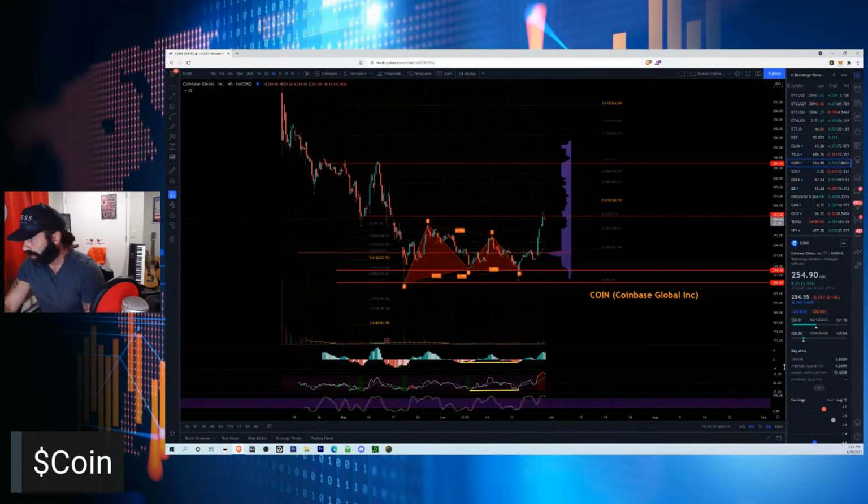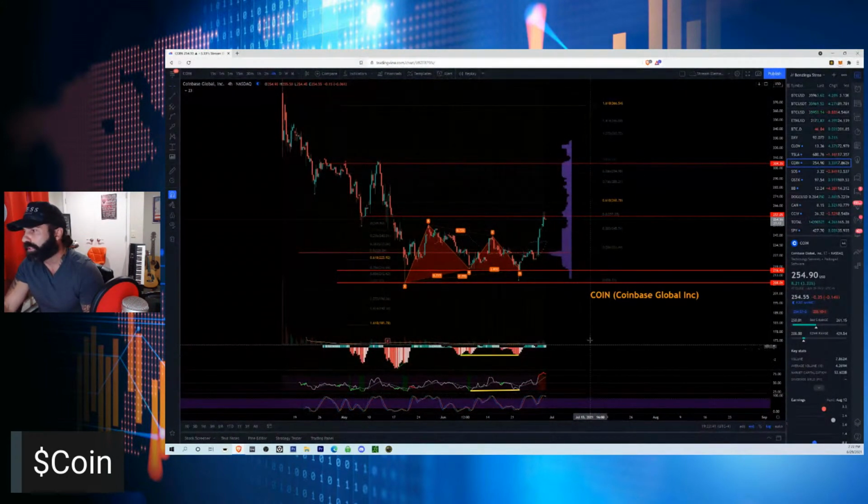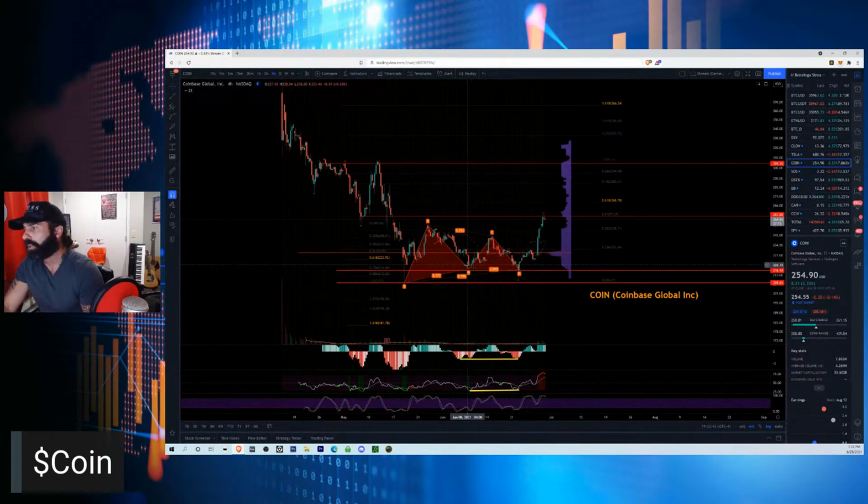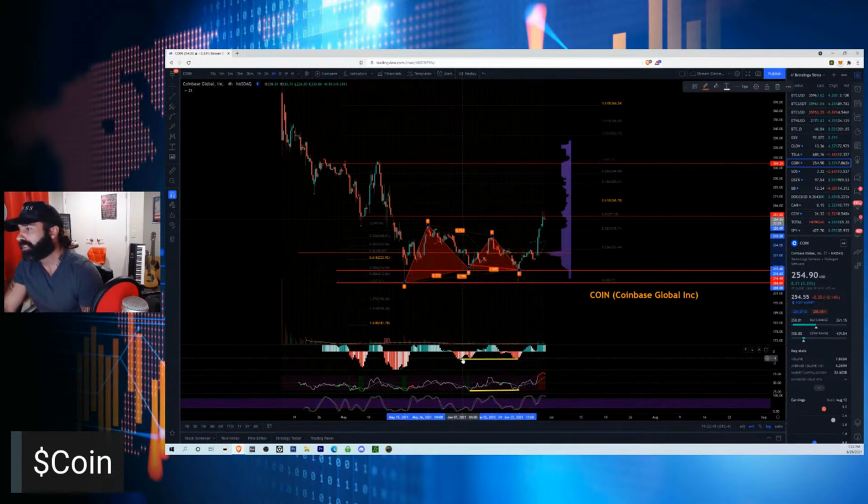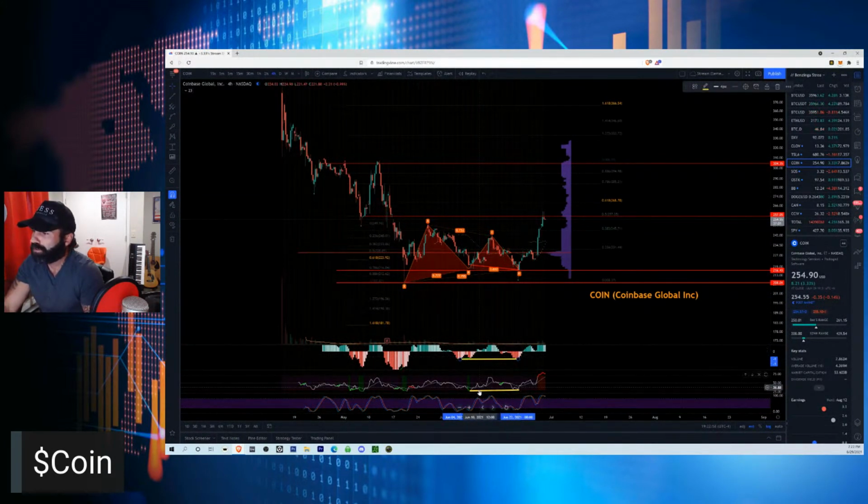And while it was doing that, you also had bullish divergence on the MACD. You've got the price action going down, and a double bottom here on the MACD, slightly less negative momentum. But you also got the same thing on the RSI.